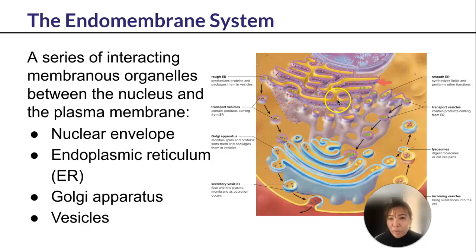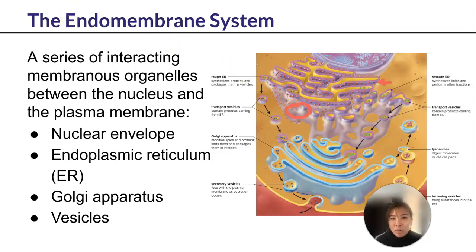And then we move from the rough ER to the smooth ER. So this is continuous. You can see right here that it is still pretty continuous as we move from rough ER to smooth ER. And so the smooth ER is also part of the endomembrane system.